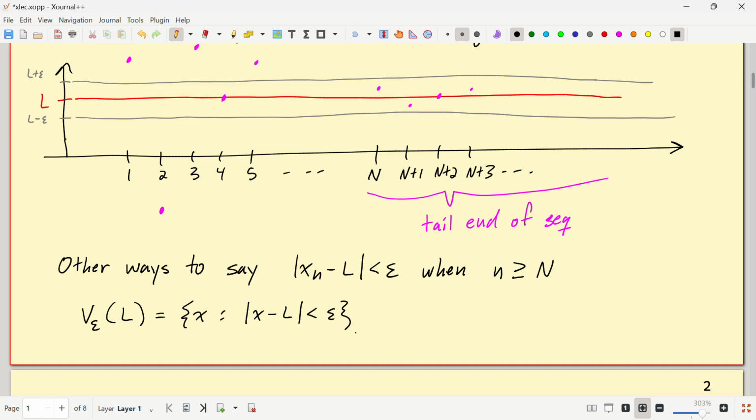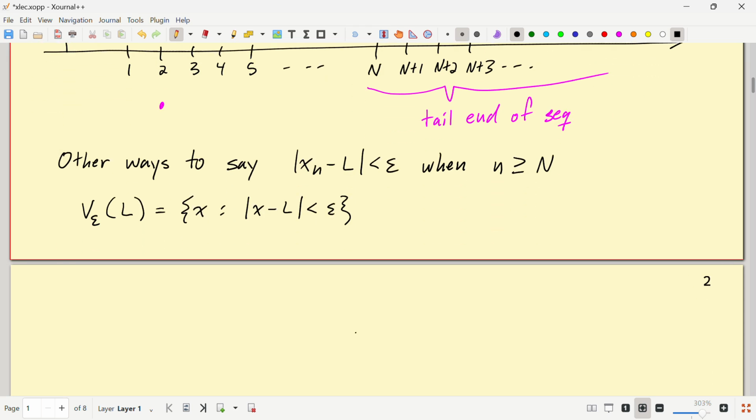So one way to say that, that's the epsilon neighborhood of L. So here's L, and here's L minus epsilon, and L plus epsilon. And it's an open interval because it's strictly less than.